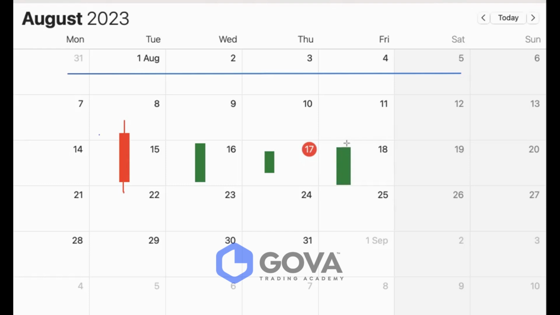Now, this bullish candlestick, even though it is the beginning of the Friday session, can no longer turn into bearish suddenly. You understand?